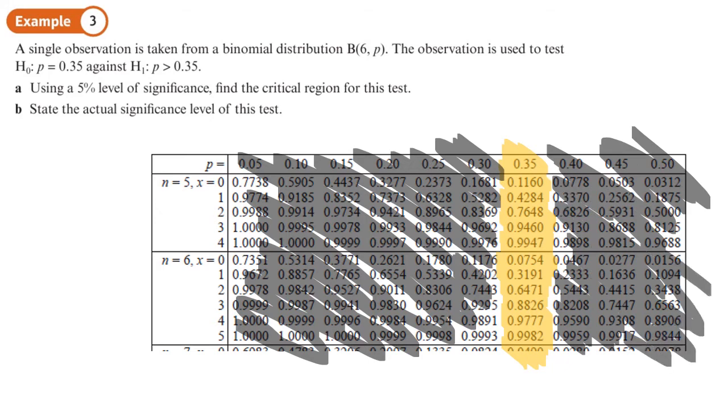It says that we need to use a 5% level of significance to find a critical region for this test. It's important to note that this says an increase from 35%.